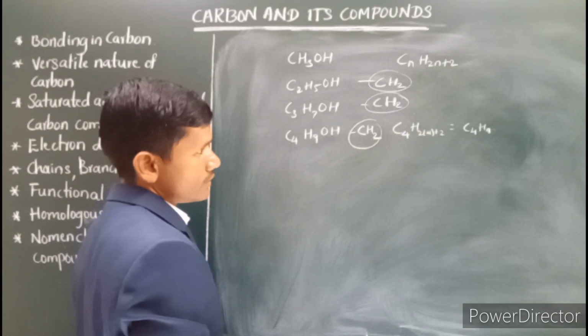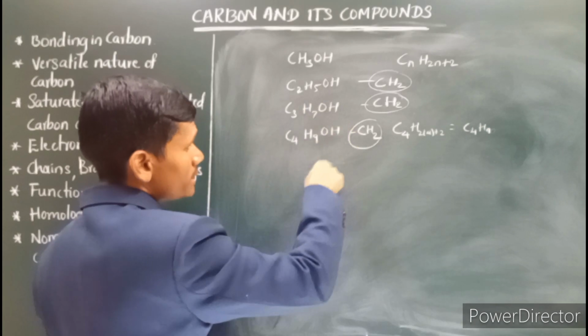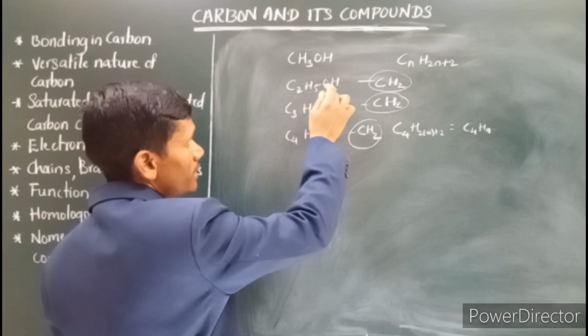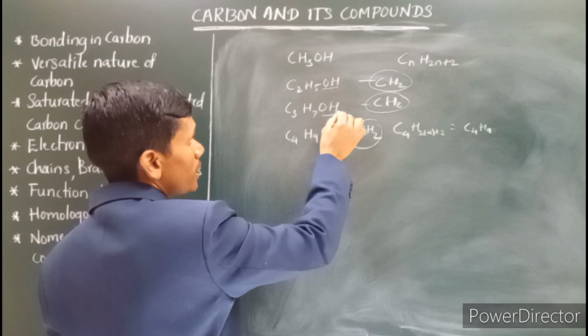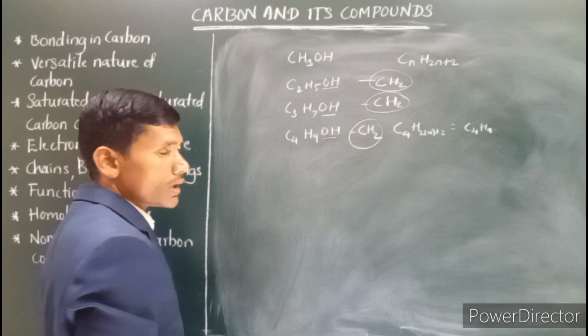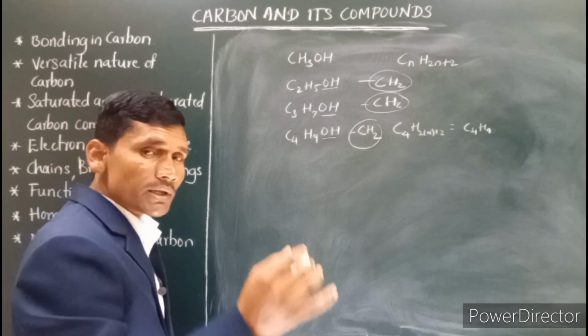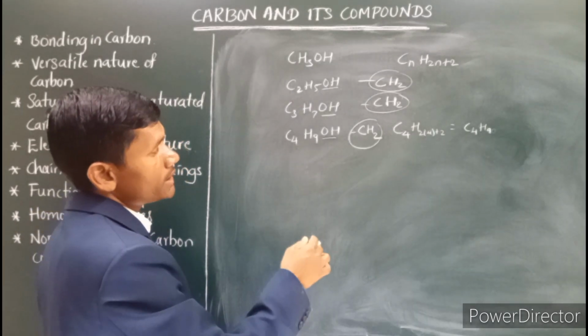Homologous series. Homologous series means each carbon compound has the functional group alcohol. Means the alcoholic property of that compound remains the same, but what changes here?